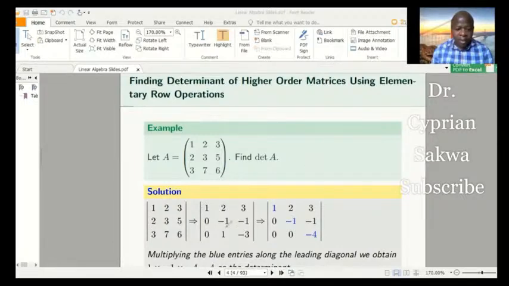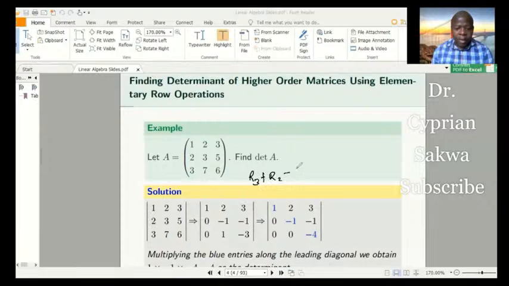I come to the second column. I have this leading entry here, and I use it to make the entries below it 0. I'm not touching the elements above it, I'm only touching the elements below. So for row 3 to get a 0, I will take row 3 and add row 2.